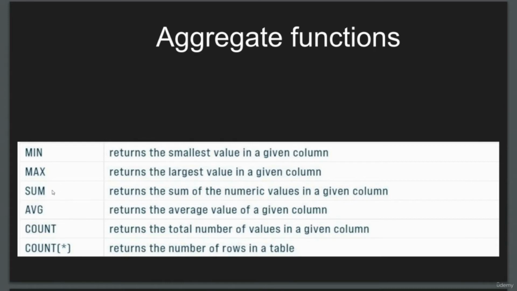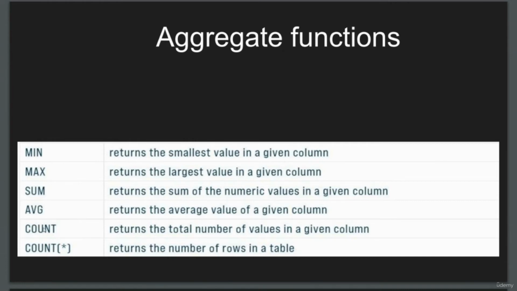Then we have this sum function. Sum generally returns the sum of numeric values in a given column. After that we have average. Average generally returns us the average value of a given column.